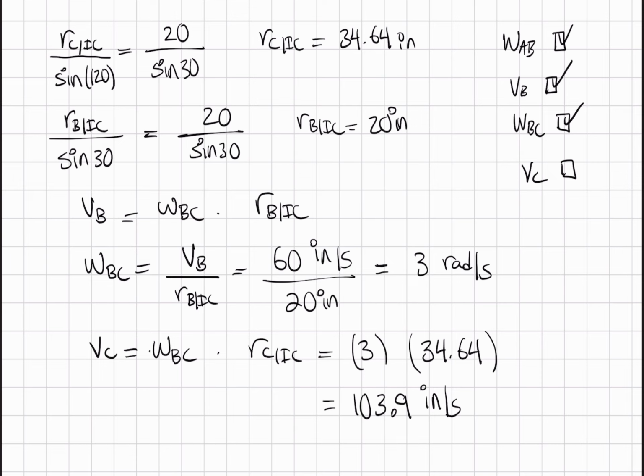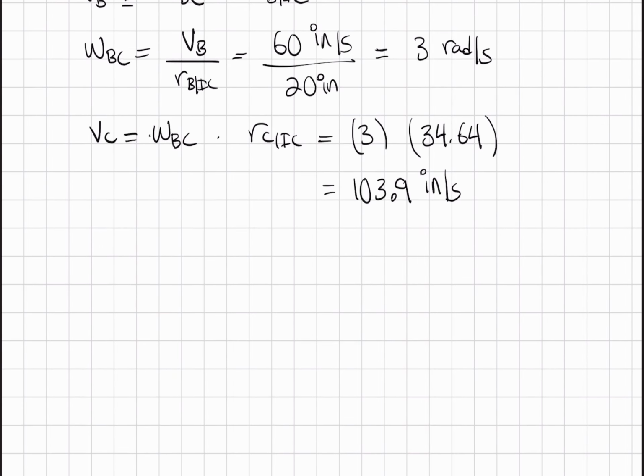Now, I do want to add one more piece of information, and it's basically an elaboration on the method of relative motion. Whenever you're looking at relative motion, but instead of velocity, you're looking at acceleration, you can go through the same process that we did, except for the acceleration vectors.